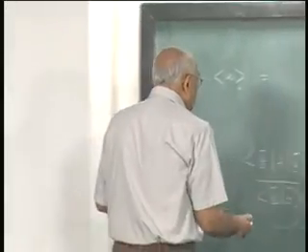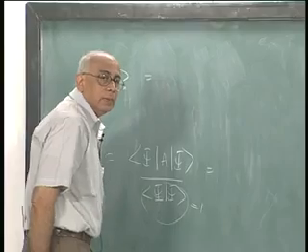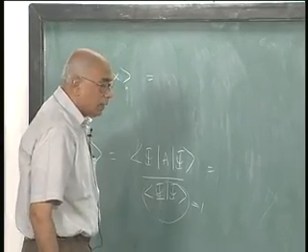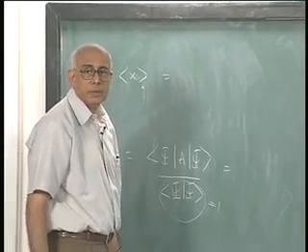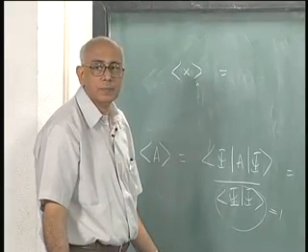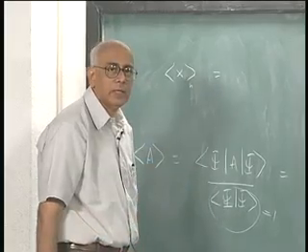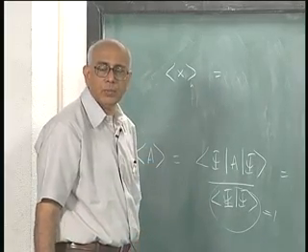Now what would this be equal to? How should I write this in the position basis? What should I do? Insert complete sets of states, insert a complete set of states here, and then what happens?